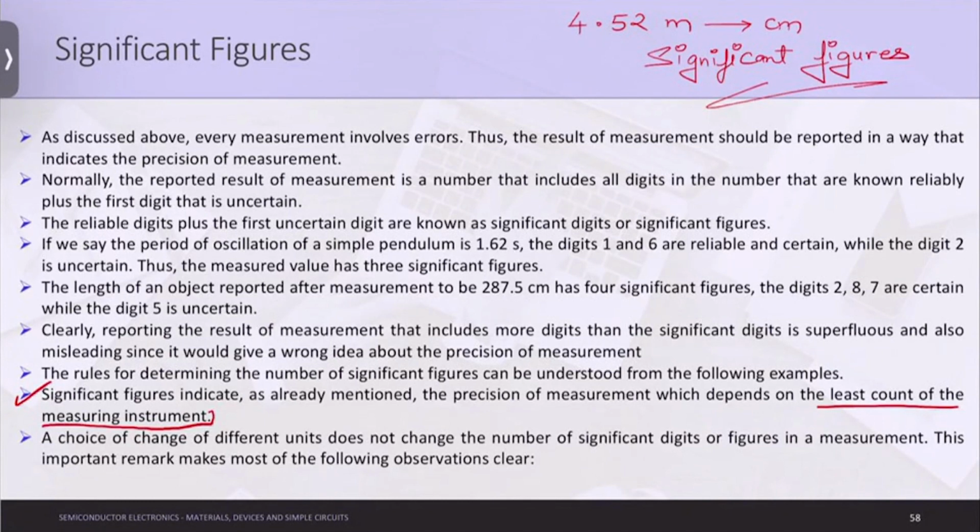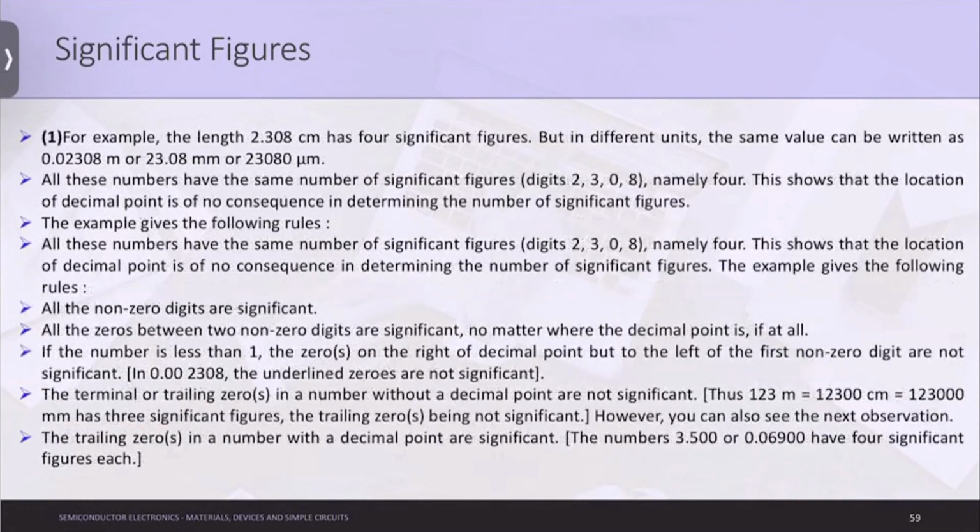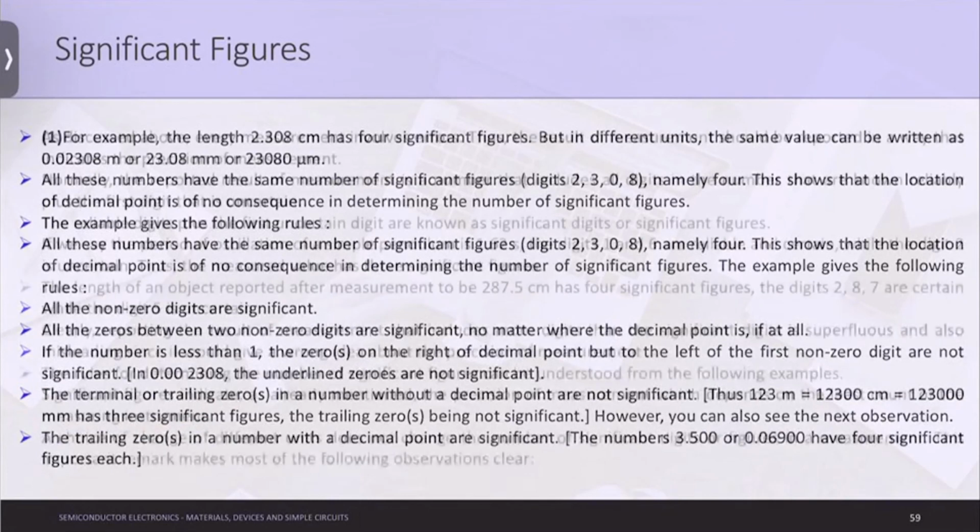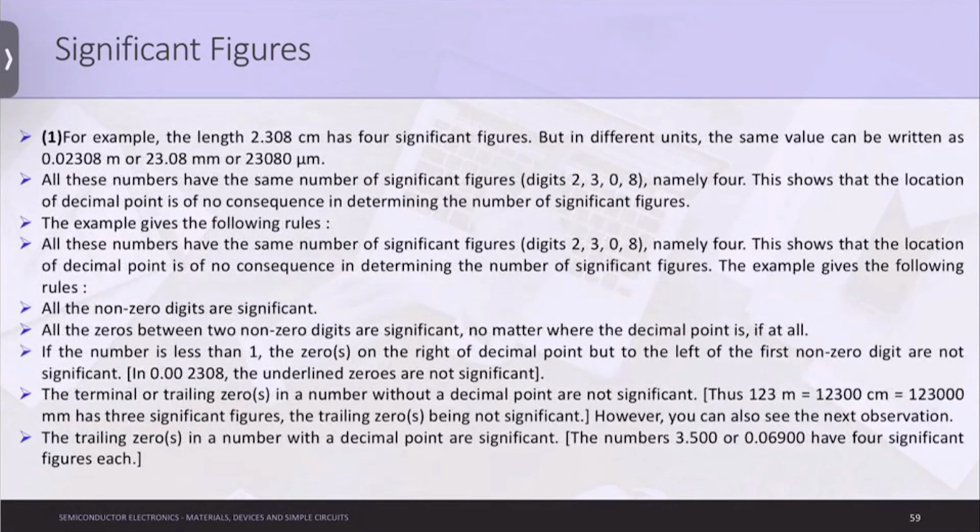A choice of change of different units does not change the number of significant digits or figures in a measurement. This important remark makes most of the following observations clear. So let us see what those observations are. Please look at the explanations clearly, because then it will be very easy to understand this complete concept. So the first example is, for example, the length 2.308 centimeter has 4 significant figures.